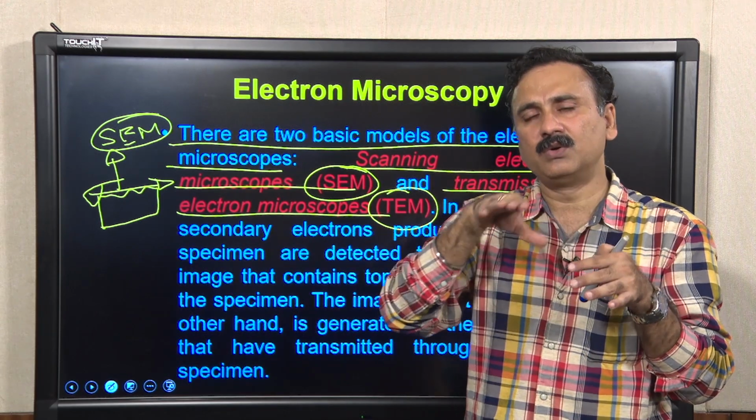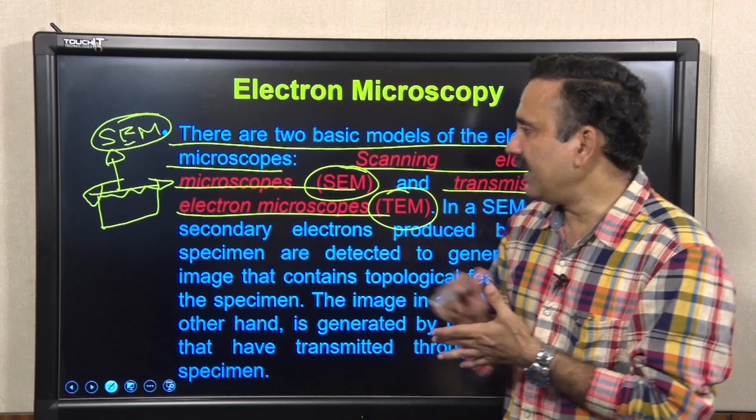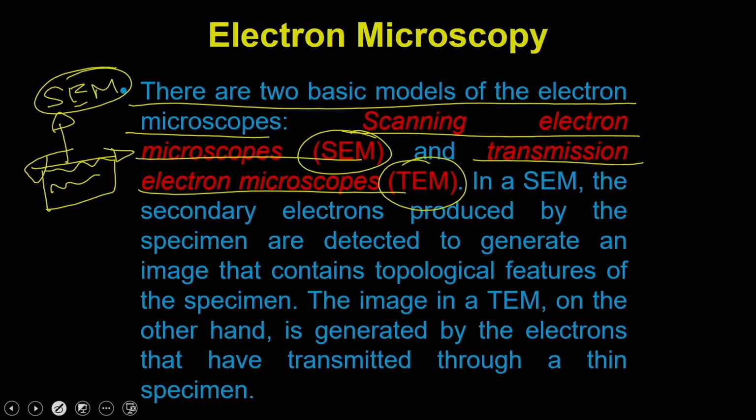So, it is going to give you the topology, whereas if I am interested to know what the material is and how the structures are inside, then I can cut this sample into multiple sections, and then I can see everything present inside.